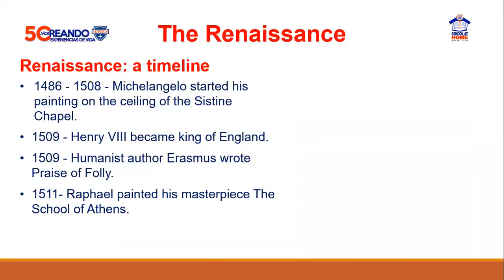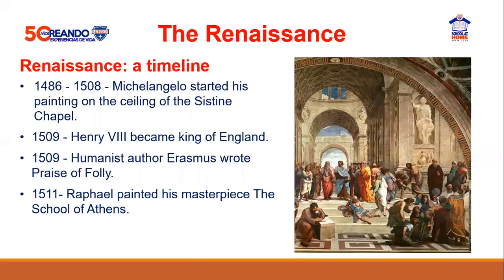In the year 1511, the painter Raphael elaborated the School of Athens, which indicates a return to the Greeks, a return to the humanism that was lost during the barbarian invasion of the Roman Empire.